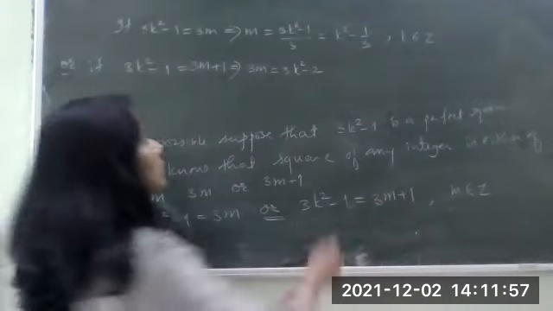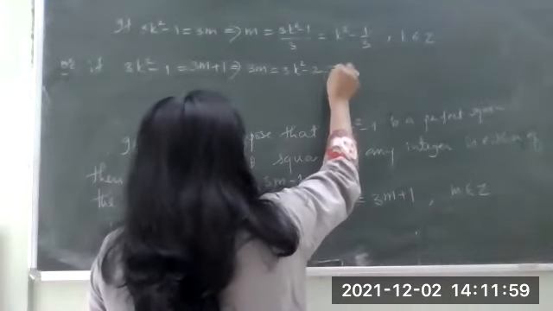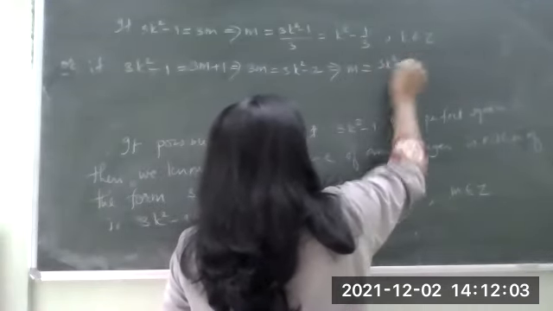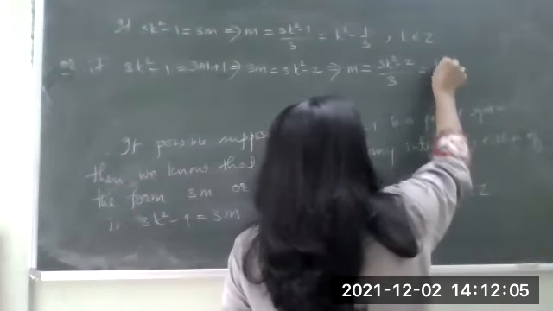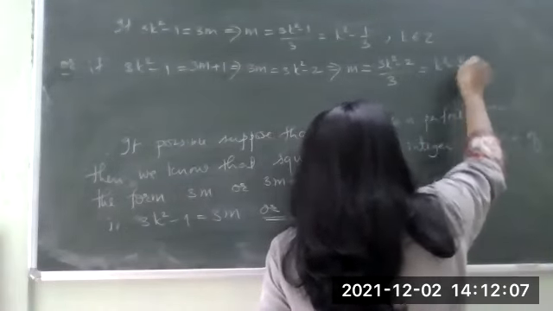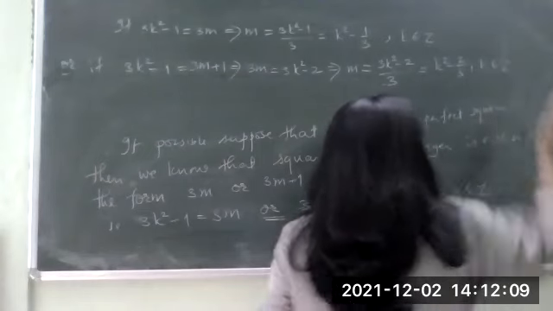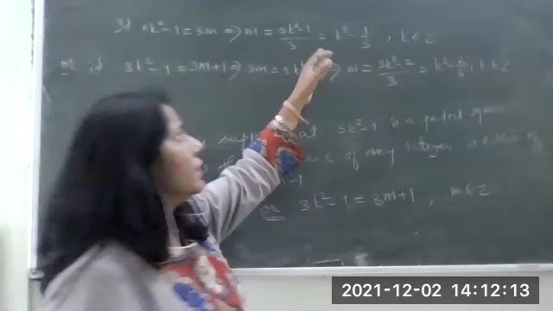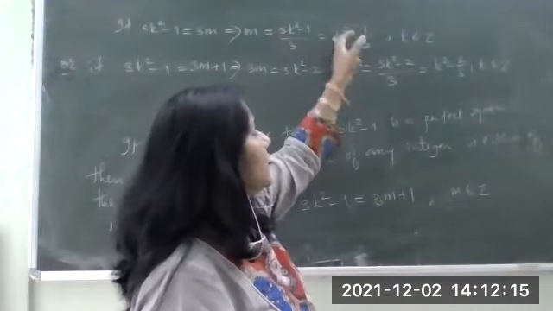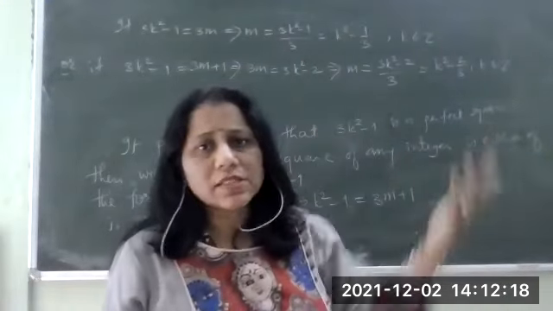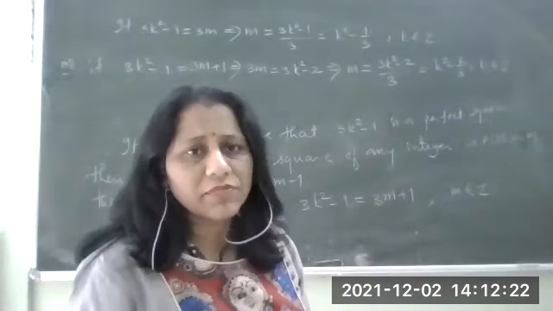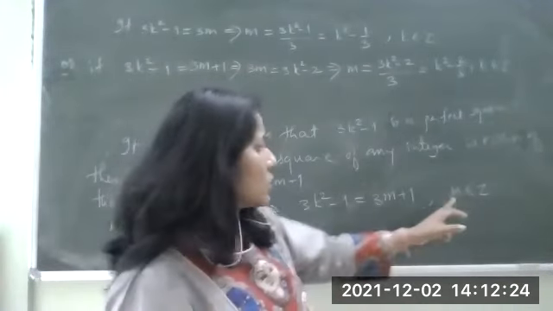So 3m is equal to 3k² − 2, or m is equal to (3k² − 2)/3, or k² − 2/3, where k is an integer. Now in both the cases, this is not an integer value, because this is an integer minus a fraction. Of course, the answer will be a fraction. So in both the cases the answer is a fraction, meaning m does not belong to Z.